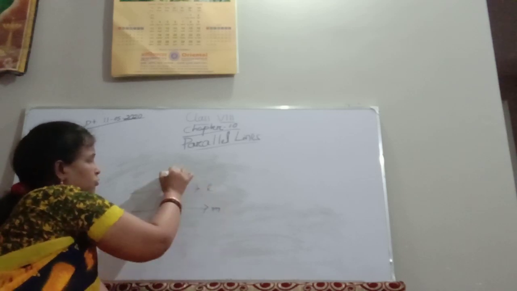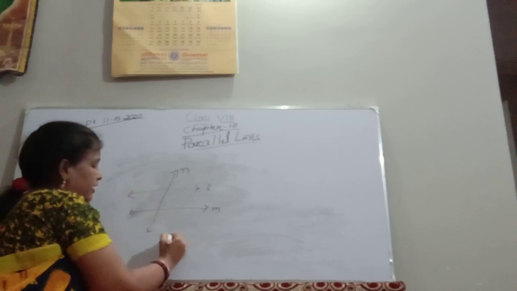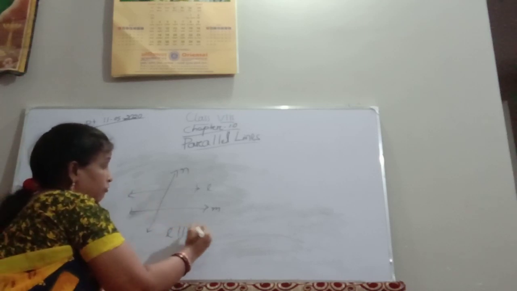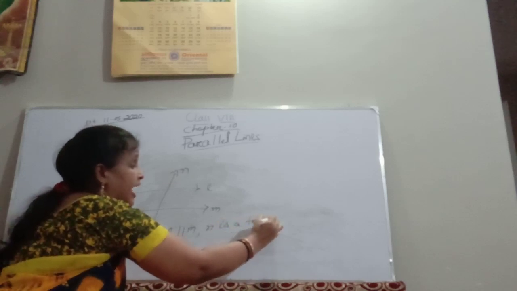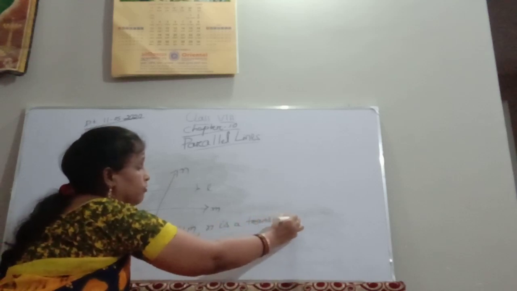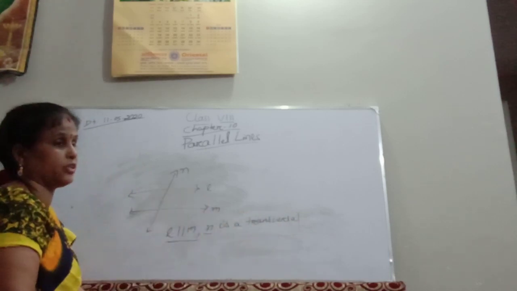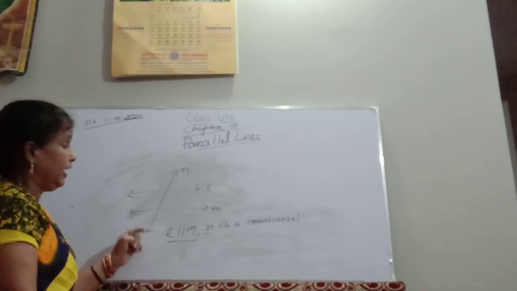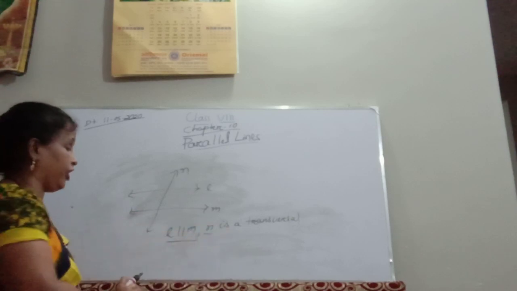L and M are the 2 lines, so you can write L parallel to M, whereas the other line is a transversal. In every statement you have to write which lines are parallel and which is the transversal. That is very important.